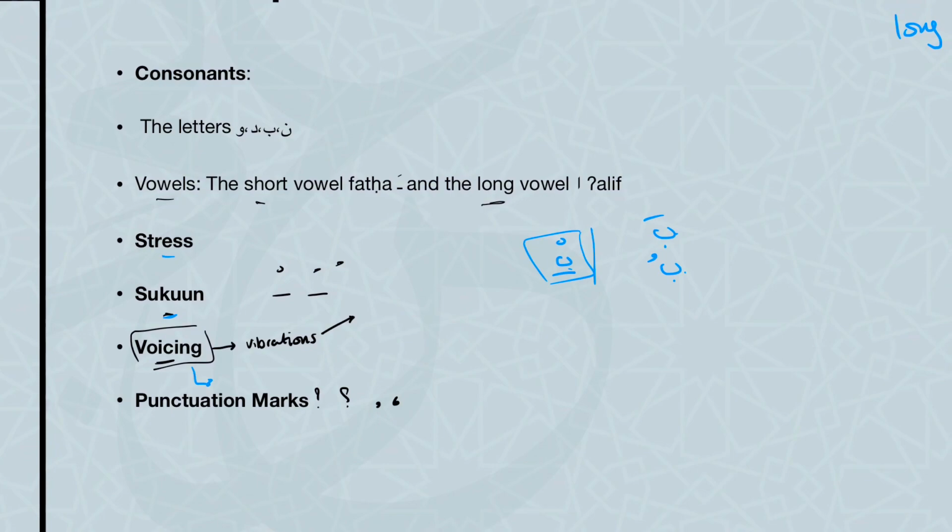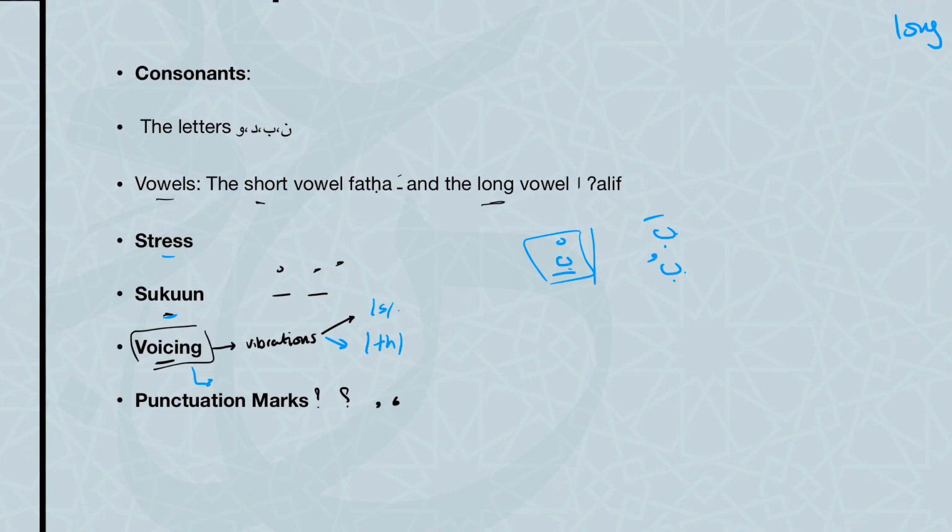So let's take an example and try to pronounce the sound s. S. If you put your hand on your voice box and try, you will notice that there are no vibrations. But on the other hand, if you try with the sound z, while you have your hand on your larynx, you'd notice that your larynx vibrates.